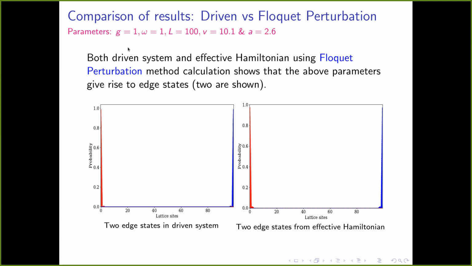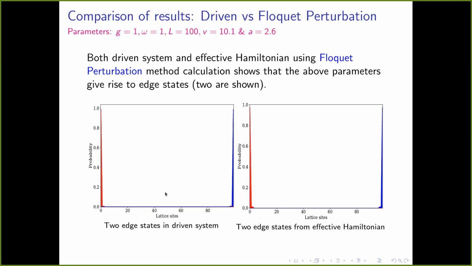The parameters I have chosen are G equals 1, omega equals 1, L equals 100, V is 10.1, and A is 2.6, meaning we are in the region where we have type 1 edge state, and also there is V.